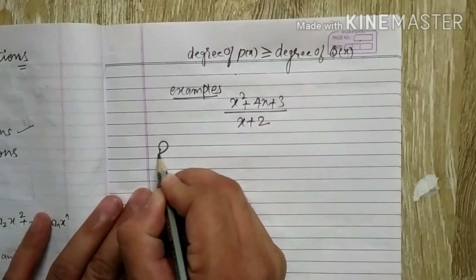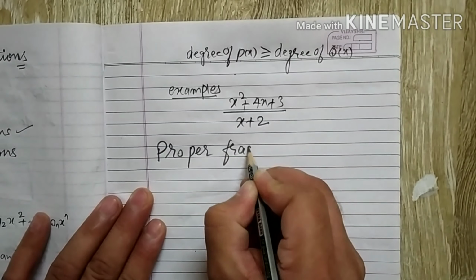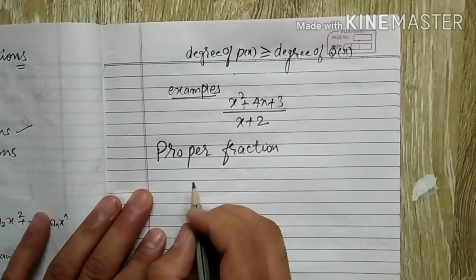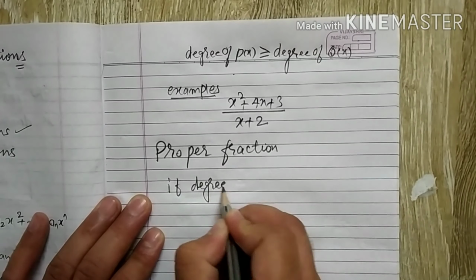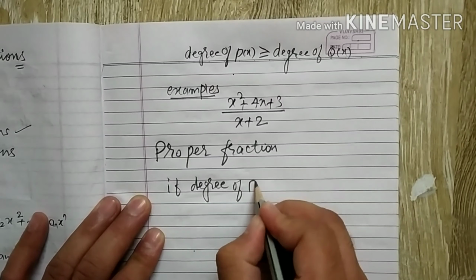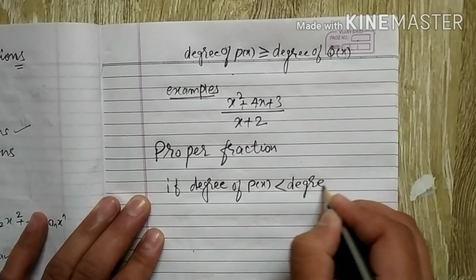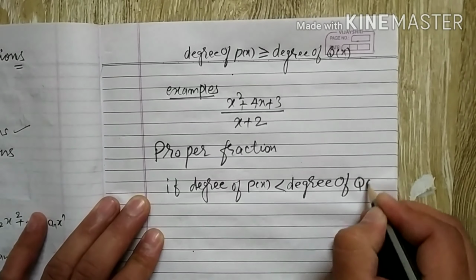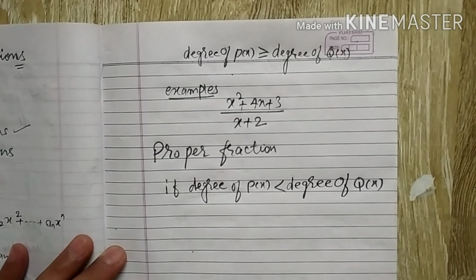Now the proper fraction. A fraction is proper if the degree of p(x) is less than the degree of q(x).